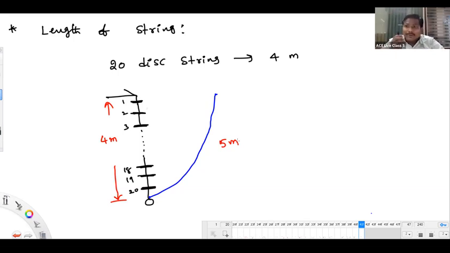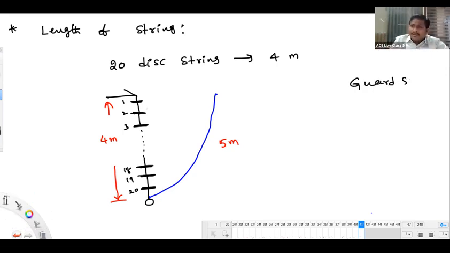Now listen to my question. What is the extra cost we are spending for improvement of string efficiency here? The extra cost we are spending here is only the guard wire cost. And guard wire is made of which material?